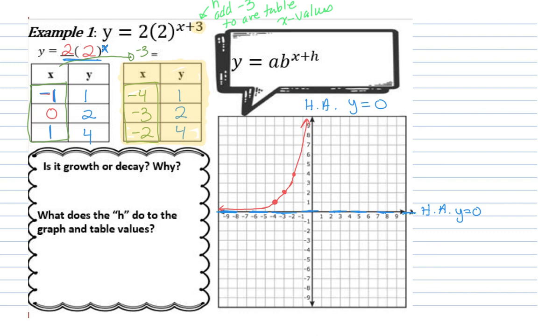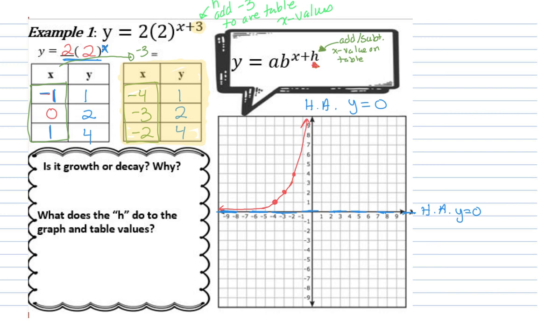So what I need you to understand is that this H value does two things. One for the table and one for the graph. So for the table, you add or subtract that value to the X value on the table. That's one of the things you have to do for the table.